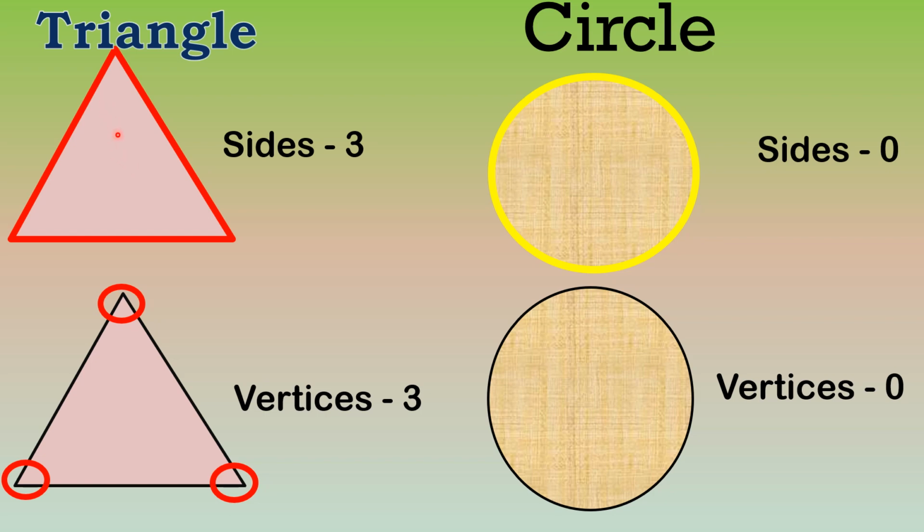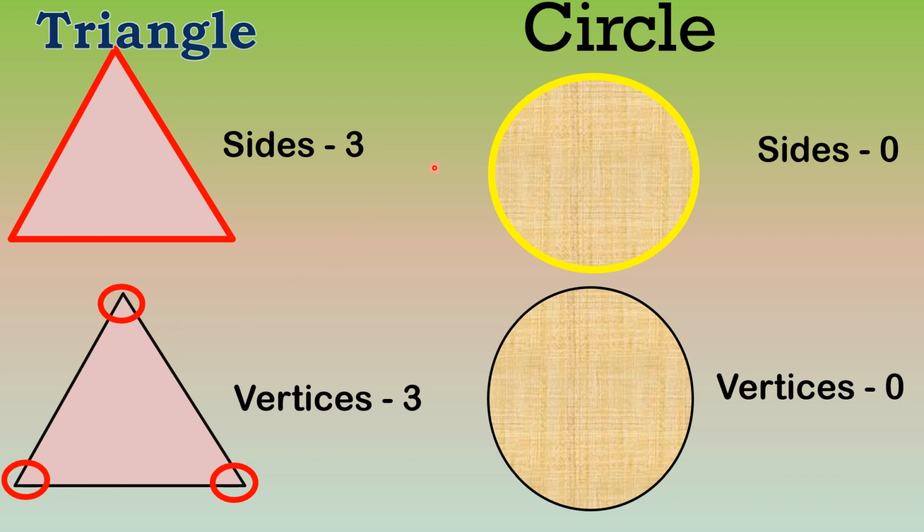Let us count the sides of triangle. 1, 2, 3. Let us count the corners of this triangle. 1, 2, 3. Hence, triangle has 3 sides and 3 vertices.